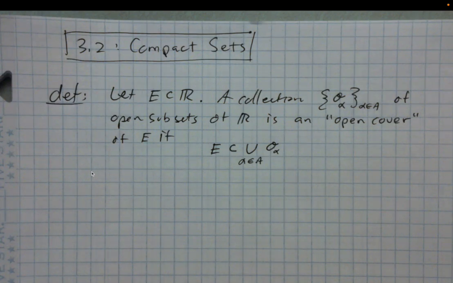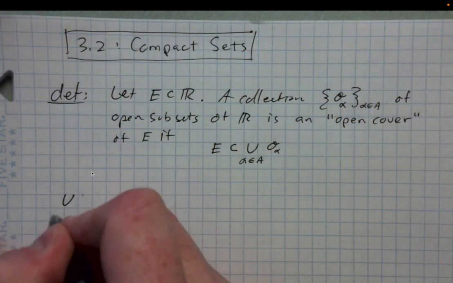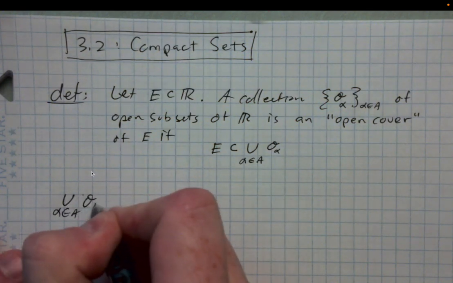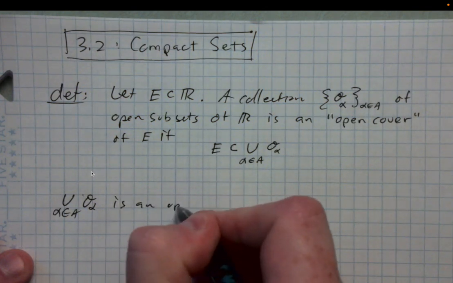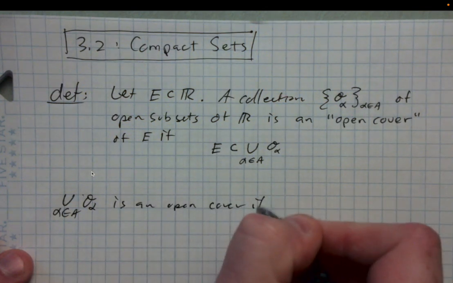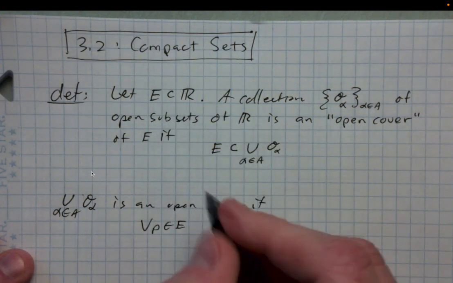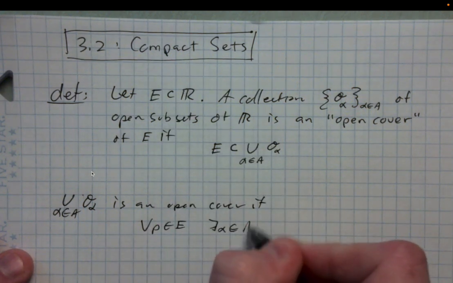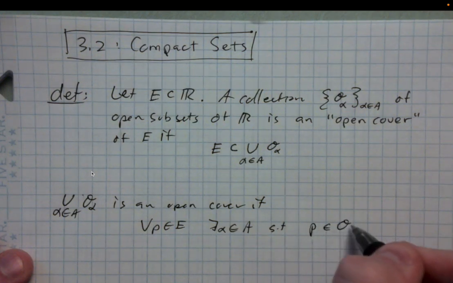Another way to characterize an open cover would be to say that the union over alpha in A of O alpha is an open cover if for all P in the subset E, there exists some alpha in A such that P is in O alpha.